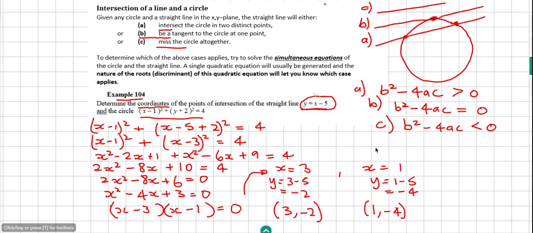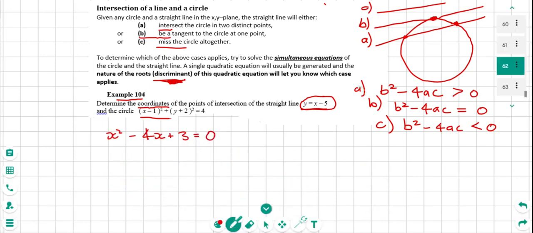And I'm going to now also look at the discriminant, and let's have a look and see what that would do. So looking at the discriminant, we've got our equation, which was x squared minus 4x plus 3, after we'd substituted in the y equals x minus 5 and simplified the quadratic.